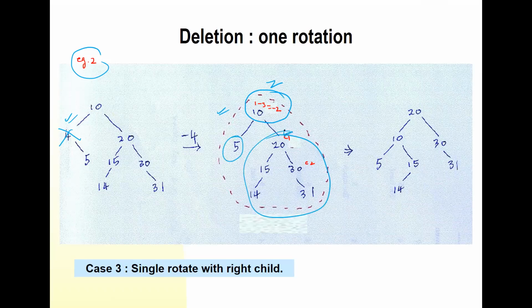We'll pick this as the Y node, and further, out of these two, both 15 and 30 have the same height. We will pick the rightmost because of the single rotation case, and this will become your X. So Z, Y, X, this structure is there. You have to perform left rotation about Z, that is about 10. This is the answer after this.